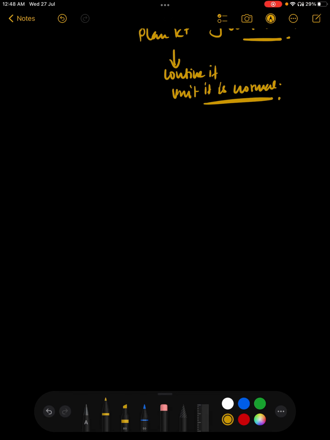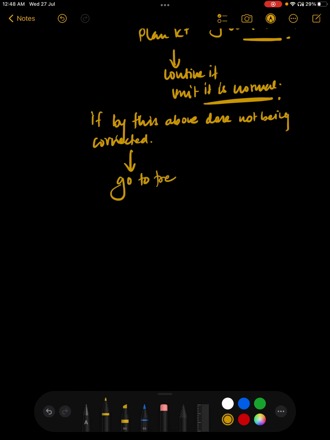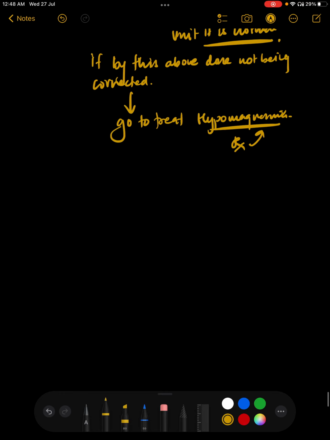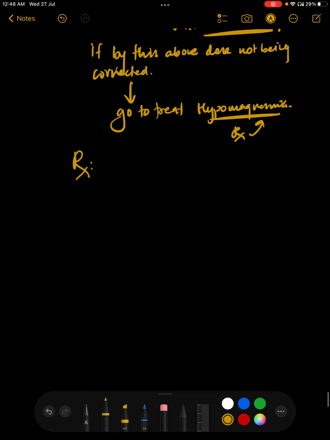Similarly, if by the above doses it is not corrected, then go to treat hypomagnesemia. Treat for this, and then treat the underlying cause.